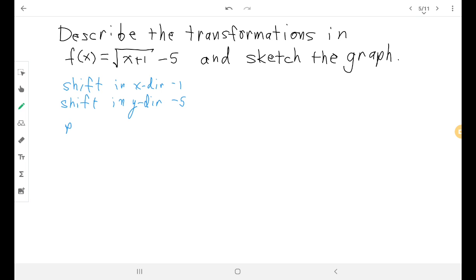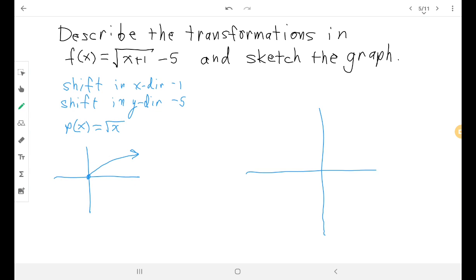And we got to remember what the parent function looks like for this. The parent function is just the simplest version of that function, which is p of x equals square root of x. And remember that that kind of looks like this. So for our new function, we are shifting that -1 in the x direction, -5 in the y direction, so that endpoint, this right here, has moved to here, -1 in the x direction and -5 in the y direction.